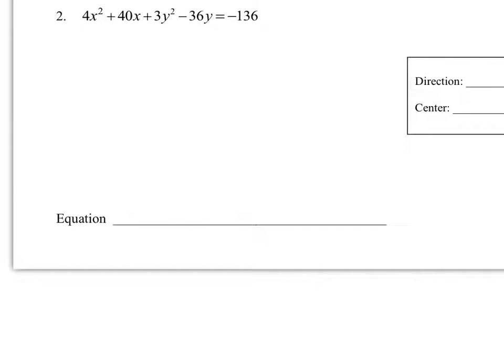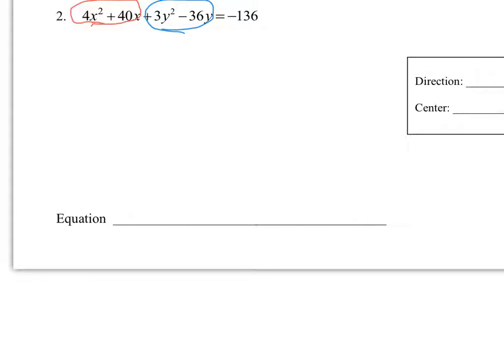We're going to have to turn this equation that is not in standard form into standard form. So just like we did before, let's complete the square twice, once for the x's, once for the y's. But this time, we're going to have to factor out the number in front. For the x's, we're going to have to factor out a 4. For the y's, we're going to have to factor out a 3. So let's get that started.